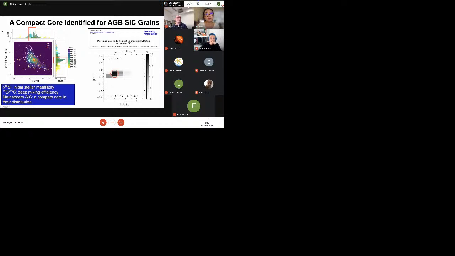This predicted narrow mass-metallicity distribution well explains the compact core observed in the grain data on the left. The two solar mass AGB stars are predicted to be the dominant contributors because they were numerous at the time of solar system formation, and they are also predicted to dredge up more material than lower mass AGB stars.